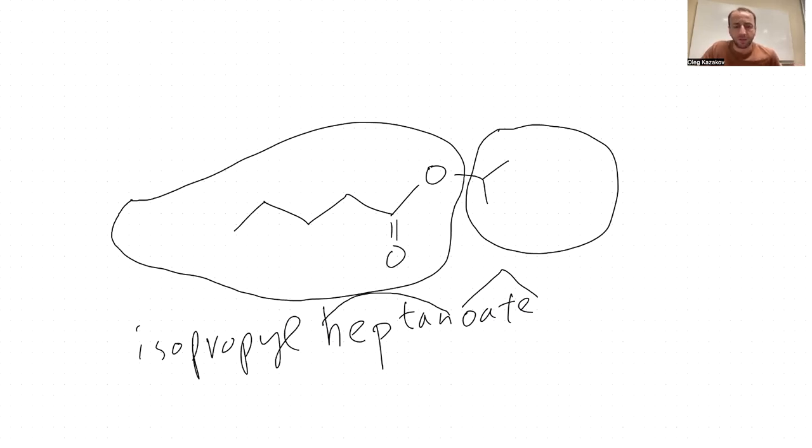And it's not heptanoate anymore because in this blob we have 1, 2, 3, 4, 5. So we have 5 carbons in a chain. So it's going to be what? Butane, pentane, right? Pentanoic acid was used to make this ester. So consequently, instead of heptanoate, we are going to have pentanoate. Isopropyl pentanoate. So that's the name, right? That's what the nomenclature of esters looks like.